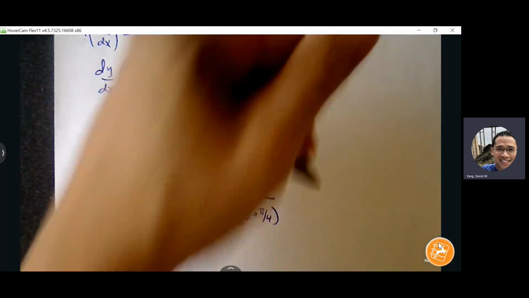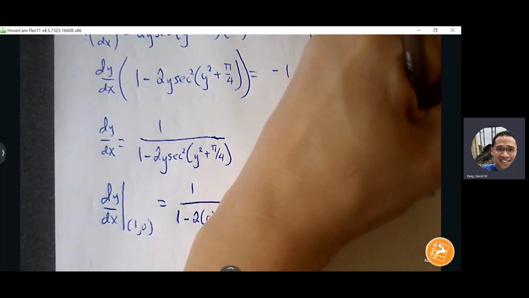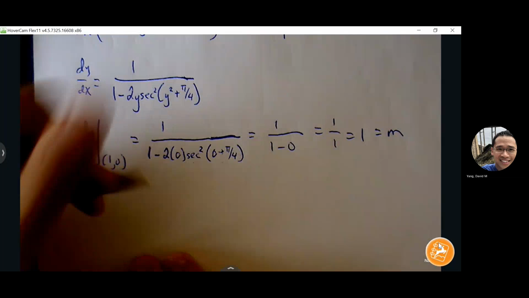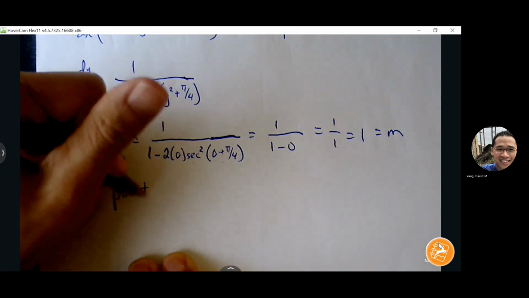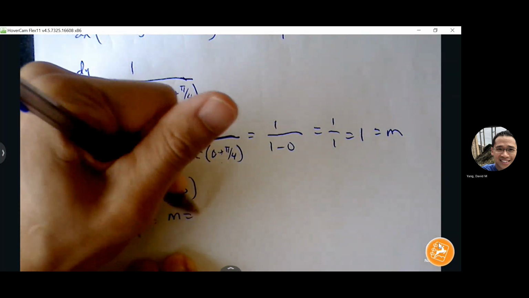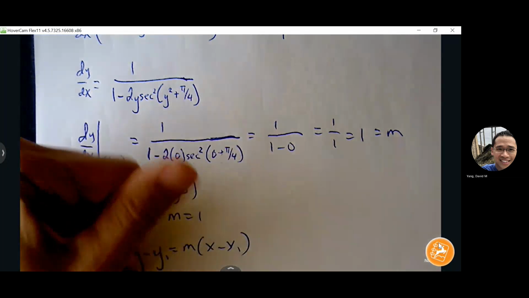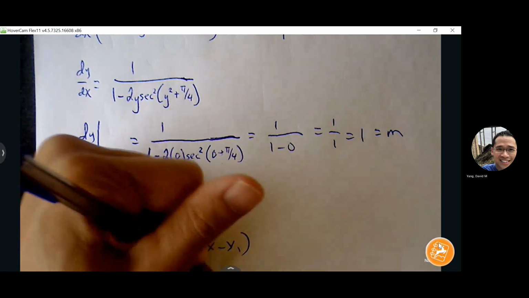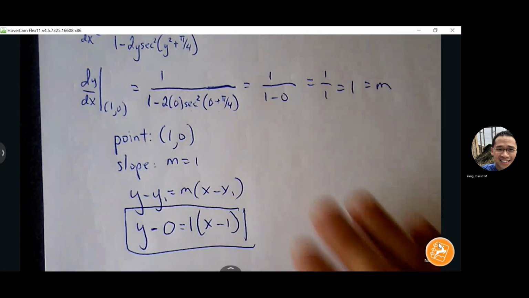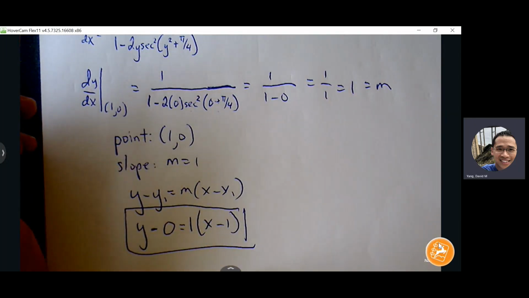So I'm just left with 1 over 1, which is just 1. That's my slope. -1.